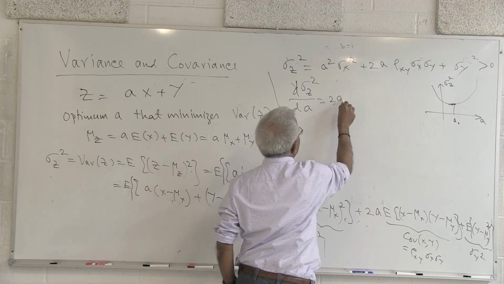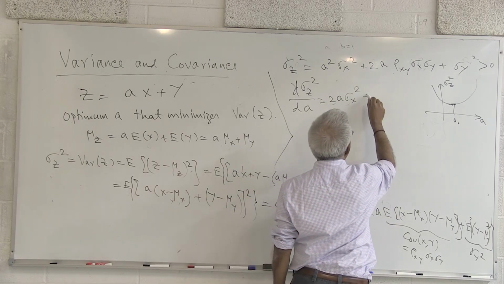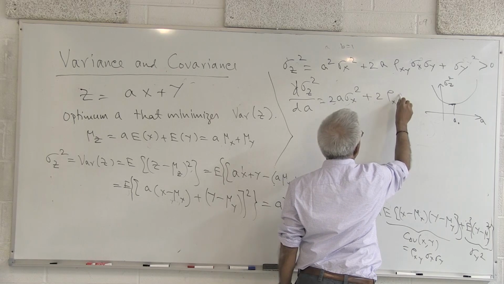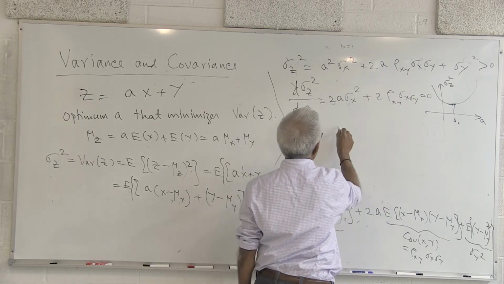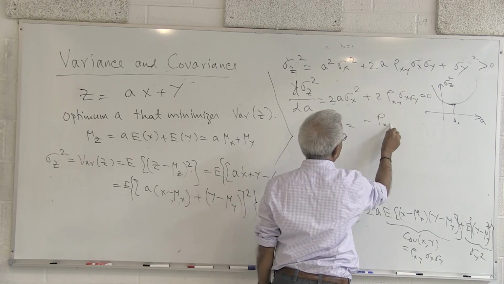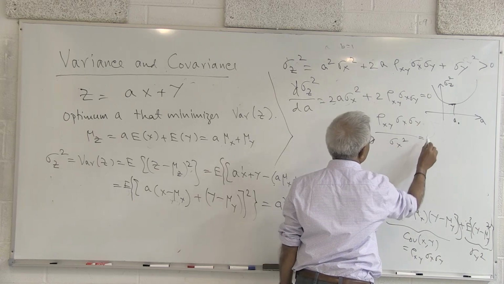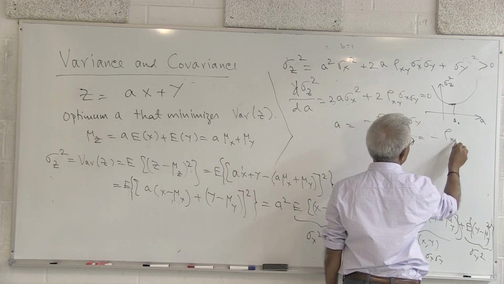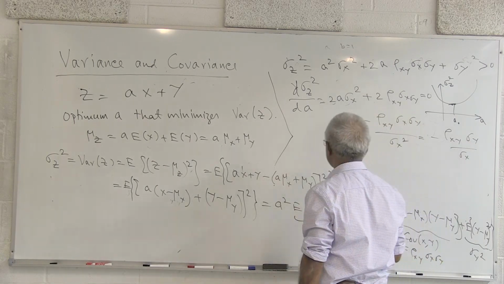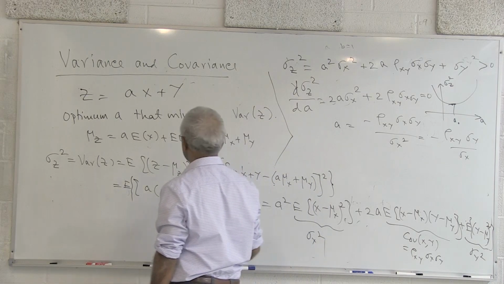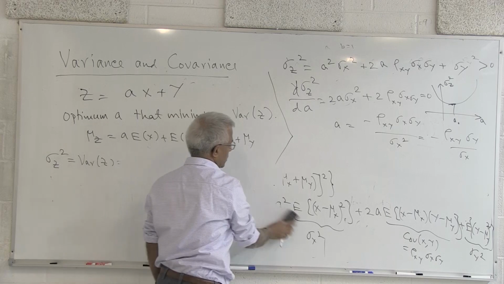That's going to be 2a sigma x squared plus 2 rho xy sigma x sigma y equal to 0. So we can solve for a. A turns out to be minus rho xy sigma x sigma y over sigma x squared. So that's minus rho xy sigma y over sigma x. That's the optimum value of a.